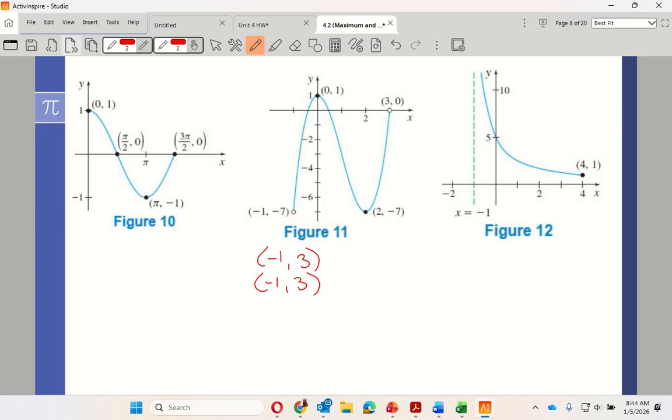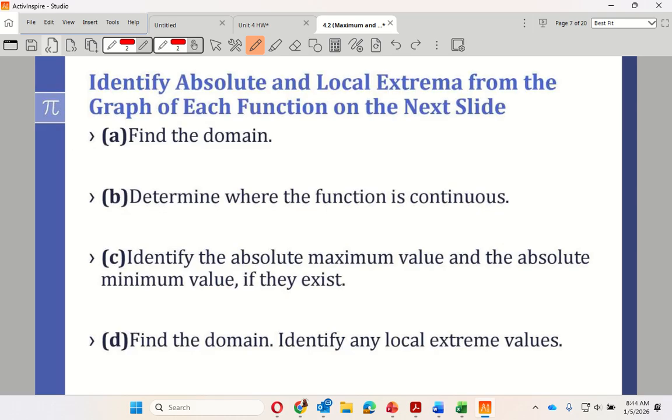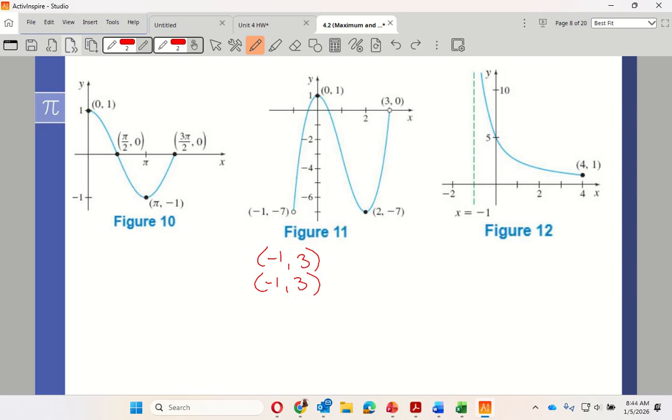Okay, maximum is 1, minimum is -7. And what's the last one? Local? Okay, so my local would be the same things.